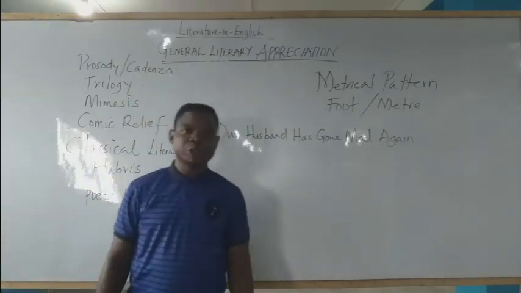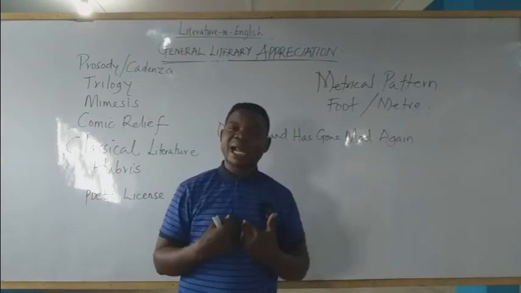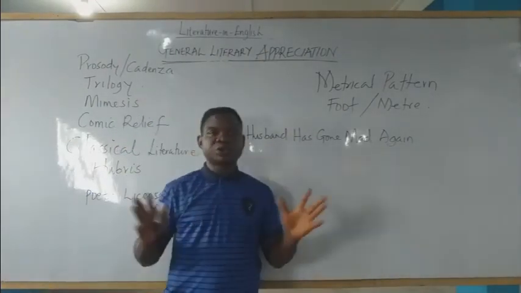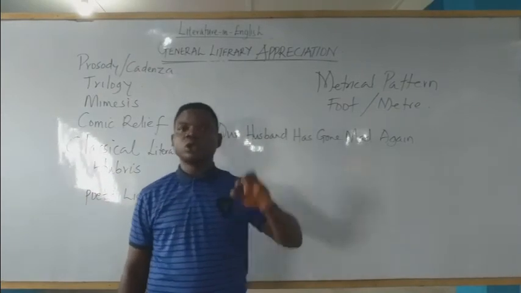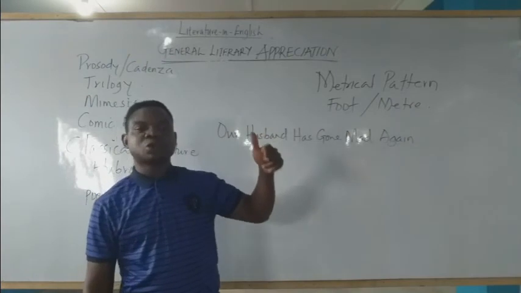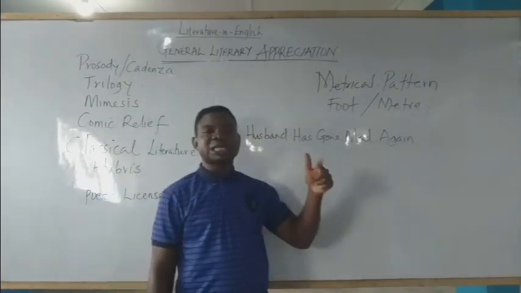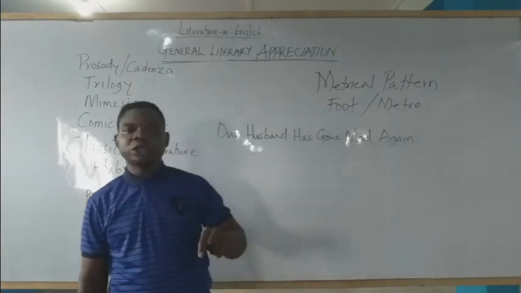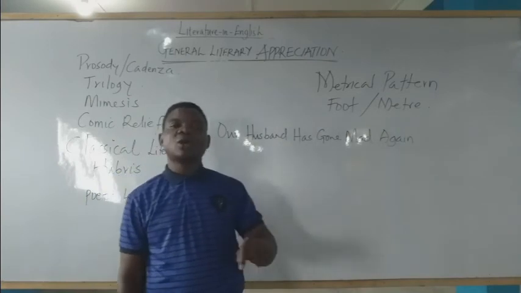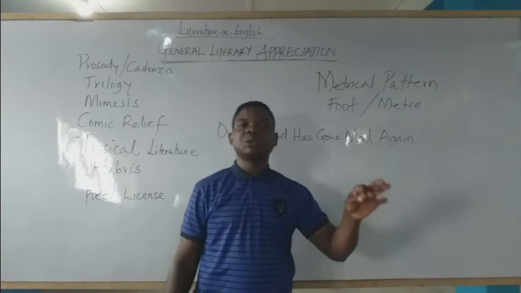Next, we have hubris. What is hubris? Hubris is the pride in a hero that causes misfortune or downfall. Note, in our previous classes, I made mention of what is called tragic flaw or hamartia. In that class, I said that tragic flaw is the general weakness, the sudden weakness or an error in judgment made by a character which causes downfall or misfortune.